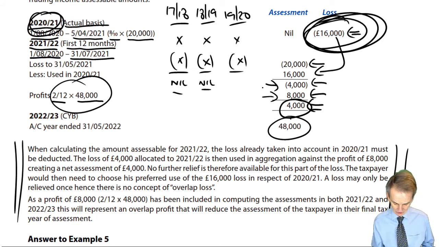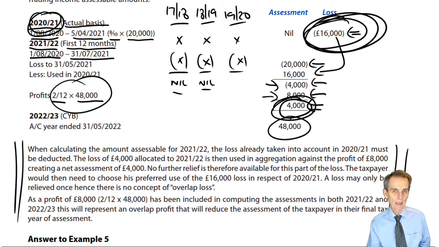Obviously in this example, in the second tax year, 21-22, there was no loss. We had used the loss in aggregation, the remaining 4,000. There's no separate other loss relief.